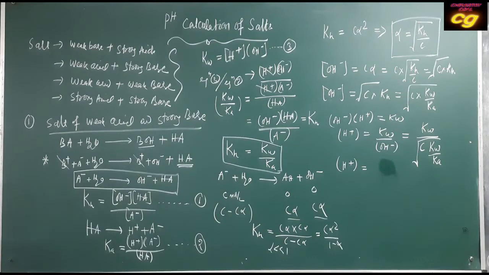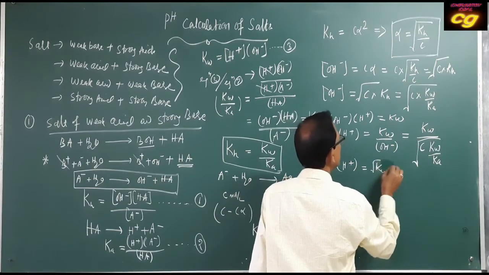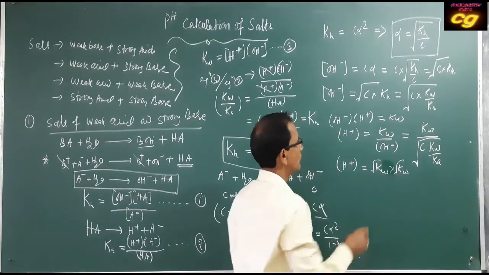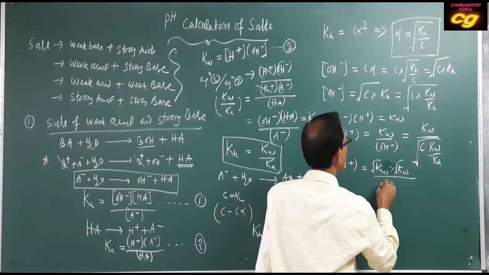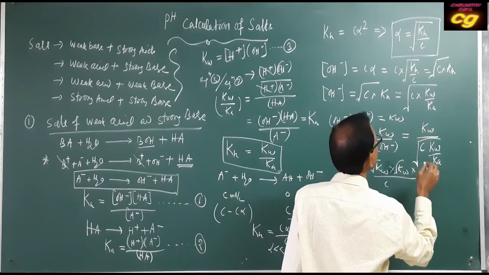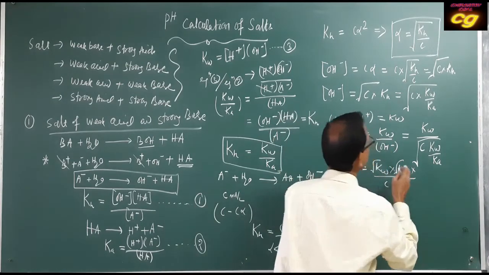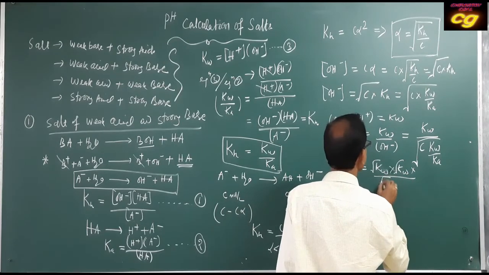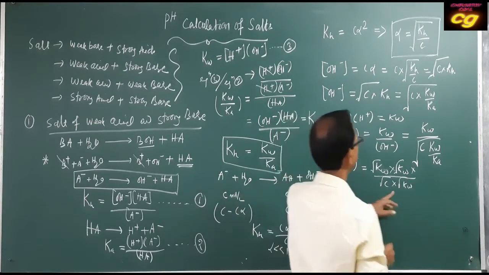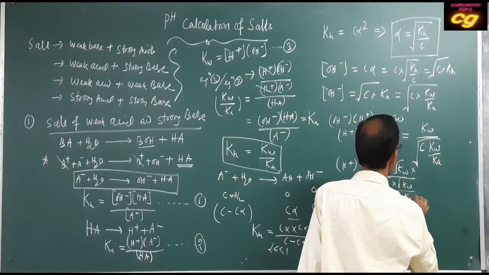The value of H plus ion concentration is Kw, which can be written as square root of Kw into square root of Kw, upon square root of C, then square root of Kw upon Ka.